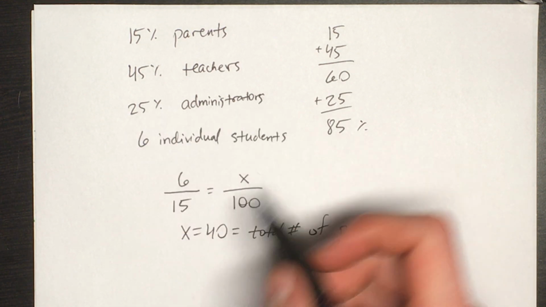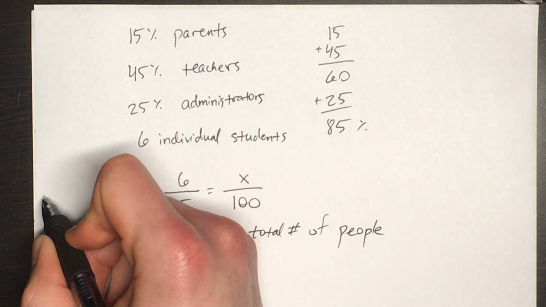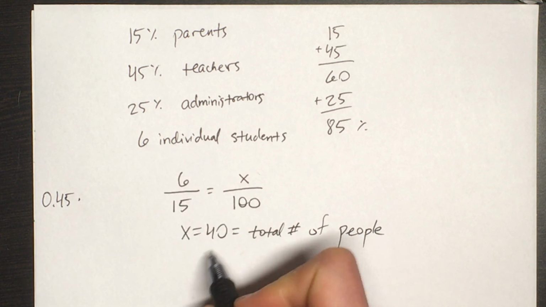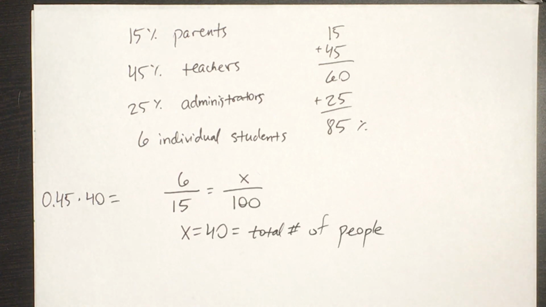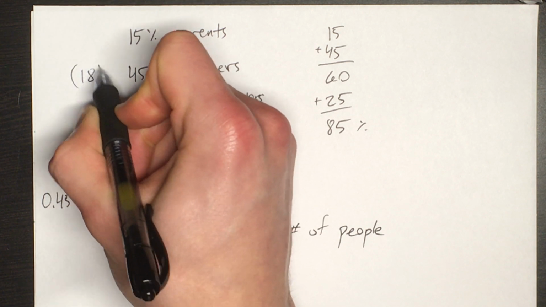One way you can do it: 45% are teachers, so how many people is that? That's 0.45, representing it as a decimal, times the total number of people. So that'll be 0.45 times 40, so that's 18 people.